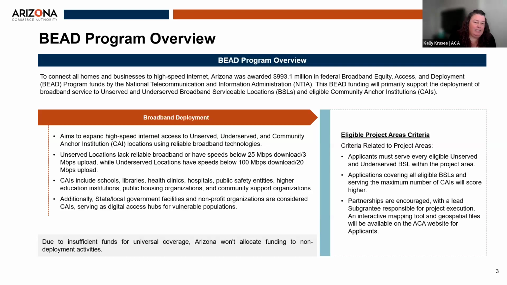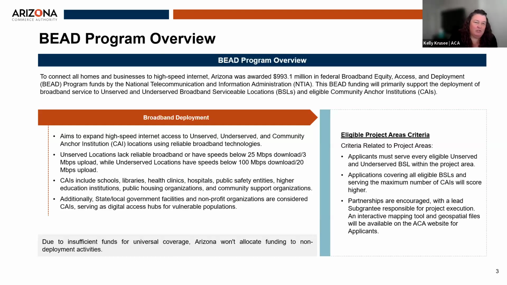And the criteria, as you can see in the right-hand section of the slide, for applying for a project area: applicants must serve every unserved and underserved BSL within a location. Applications that cover all eligible BSLs and the maximum number of CAIs will score higher.